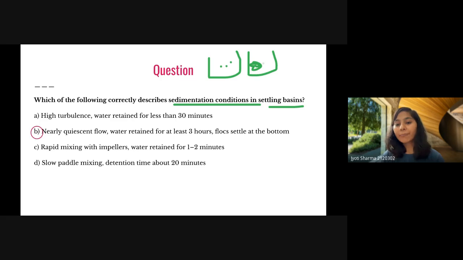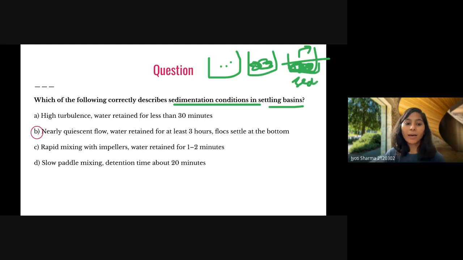The next step is to give some time so that these flocks can settle down at the bottom, and they can be removed from the bottom by scrapers, and the treated water can be treated further. So this is sedimentation.